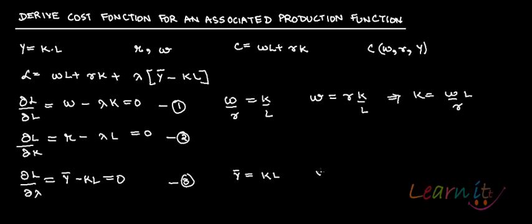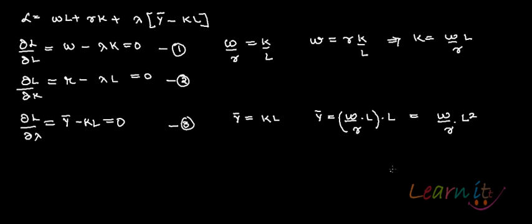Anyway, Y bar is equal to, instead of K you can write W by R L, and then into L. So what it is, W by R L square. So Y, or Y bar, let's say it is just Y, is equal to W by R L square, or Y R by W equals L square.